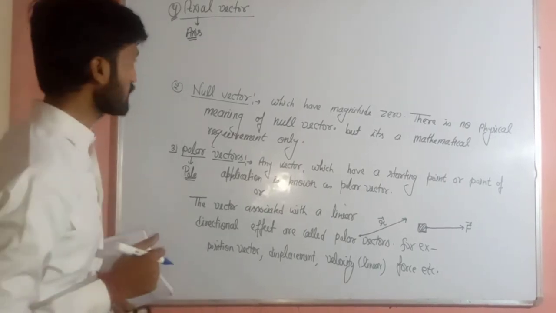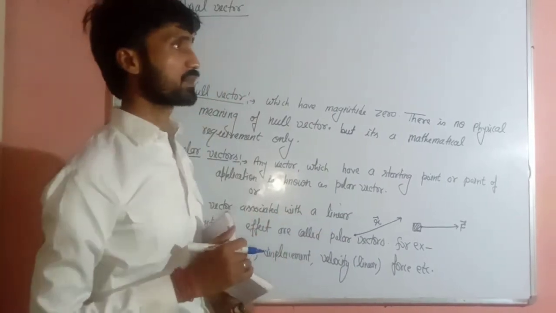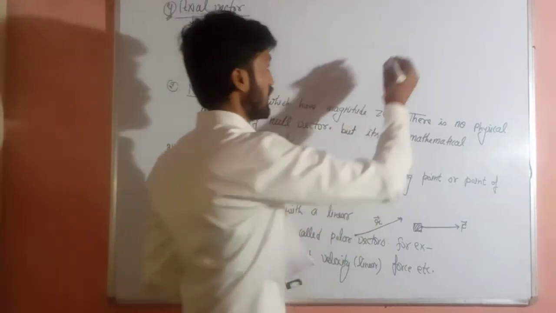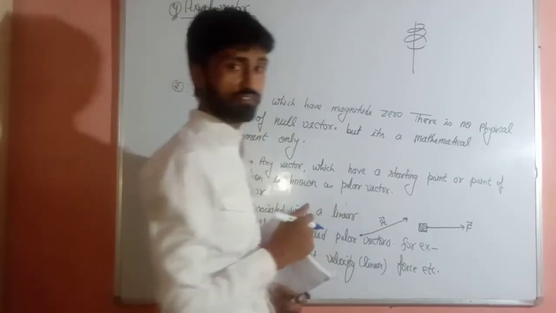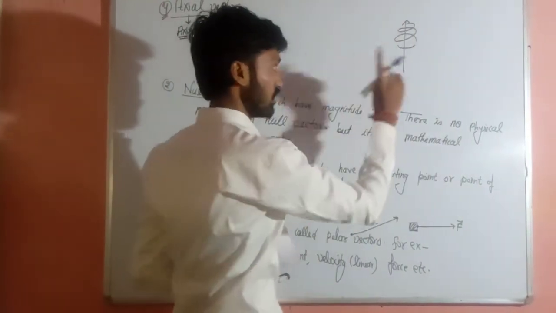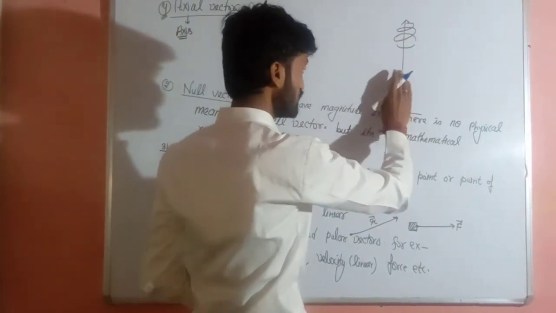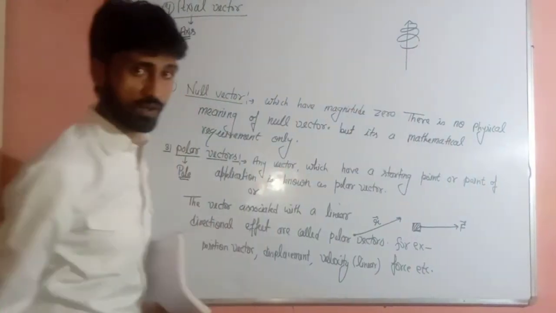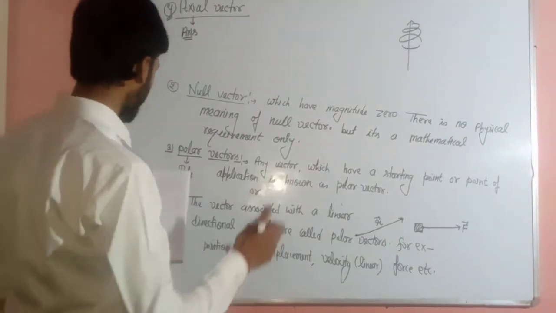For example, you know very well about torque or angular velocity. Angular velocity and torque have a rotational effect whose direction is denoted by this axis, not a starting or final point.